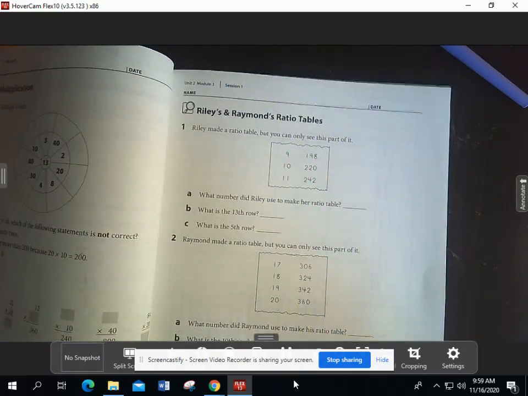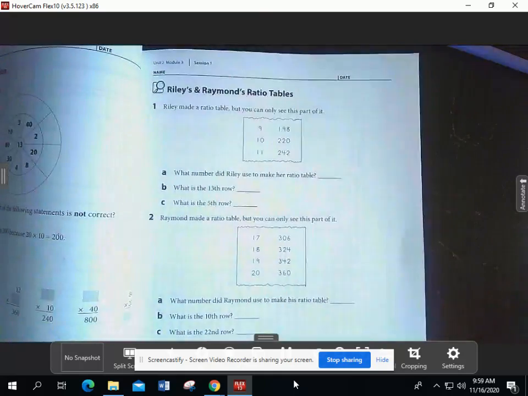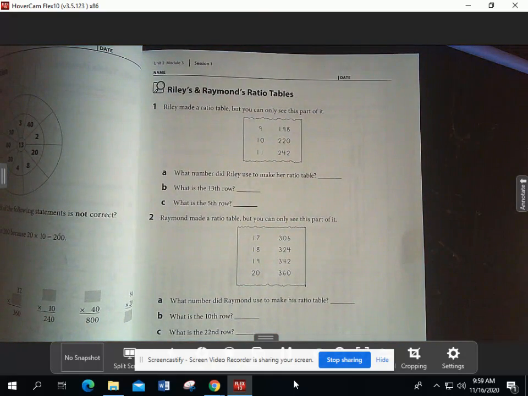So getting into our workbook today. For those of you at home, we are on page 65. Please notice that page 64 will be assigned later. So we are on page 65 in our Bridges workbook.